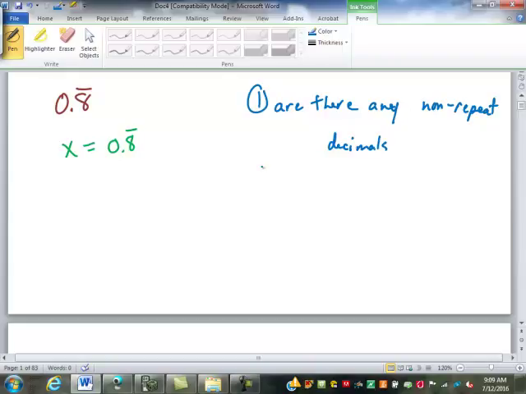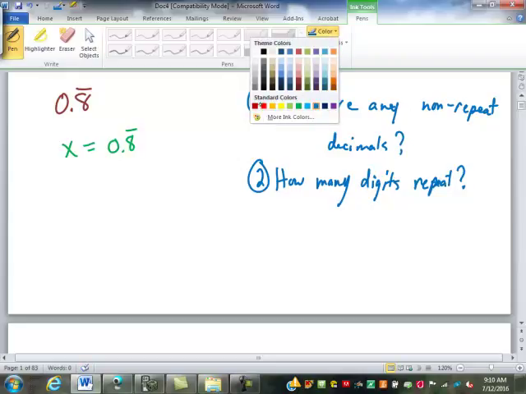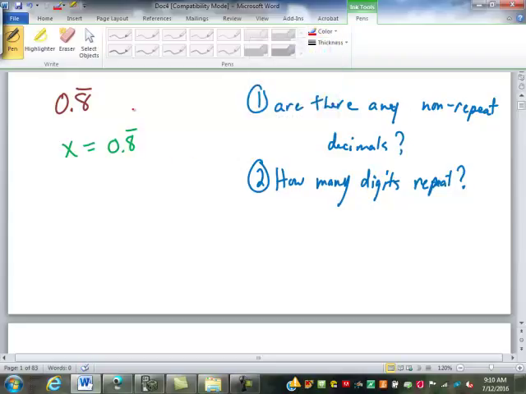No. So we'll come back to that question in an example where it's relevant. 2 is, how many digits repeat? So in this case, how many digits repeat? Just one. It's just an 8.